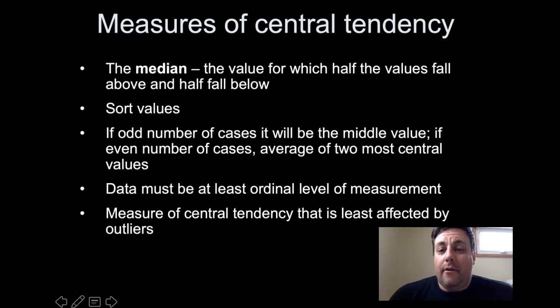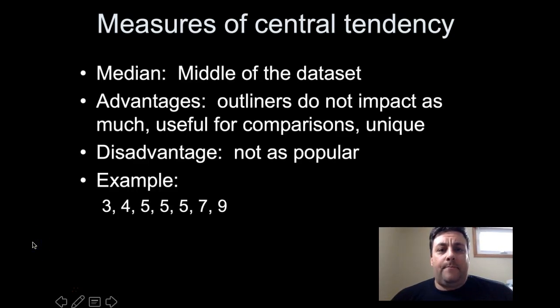If it's an even number, it's the average of the two most central values. If you want to use the median, you have to have ordinal data. And one of the nice things about the median is that it's also not generally affected by outliers. So median, it's the middle. It's again not as popular as others.